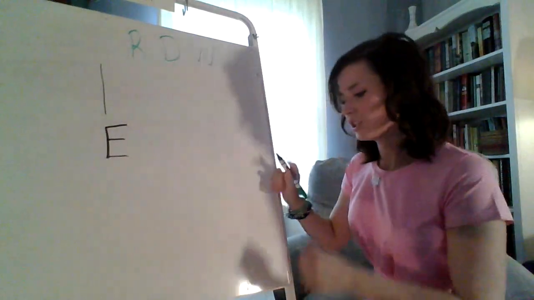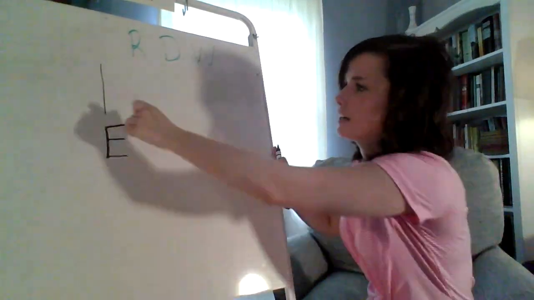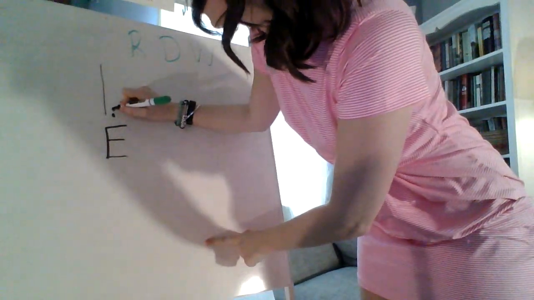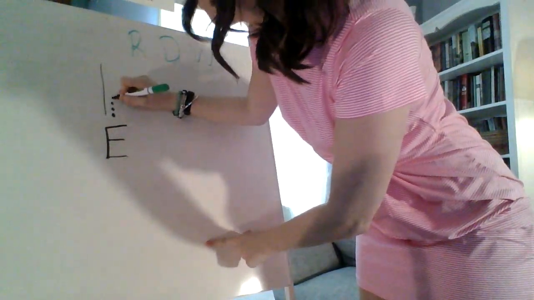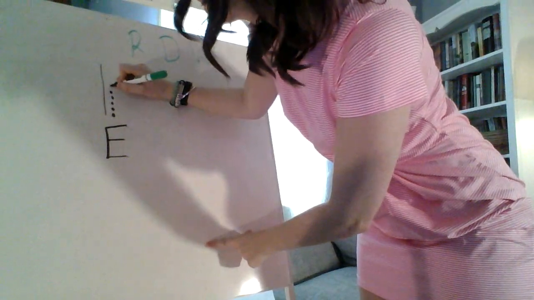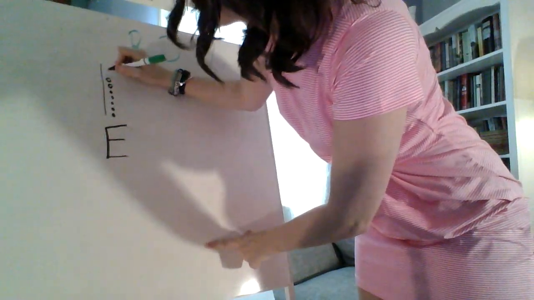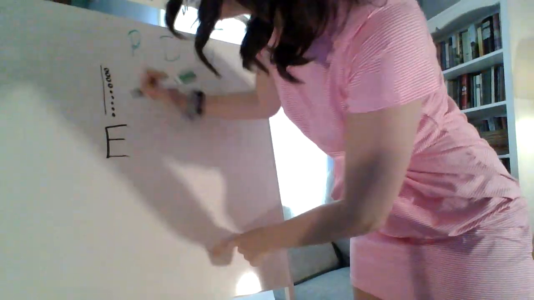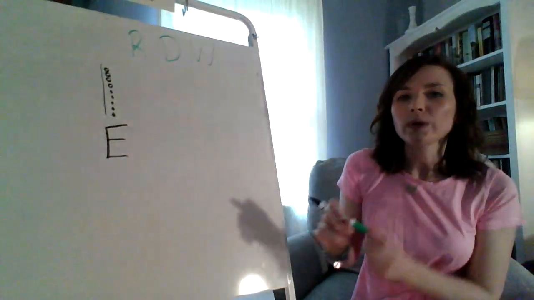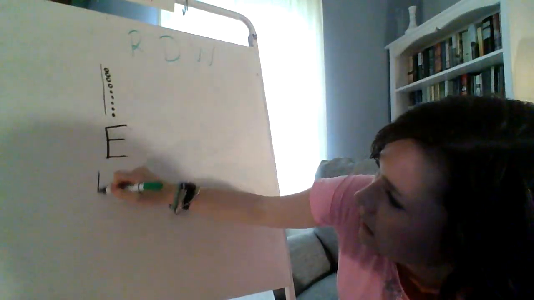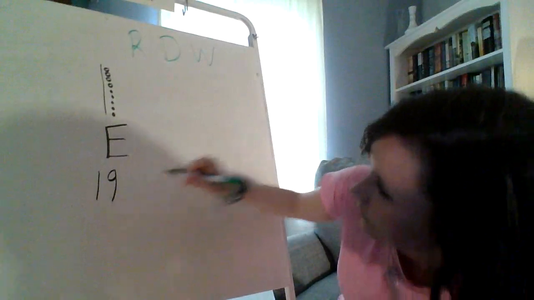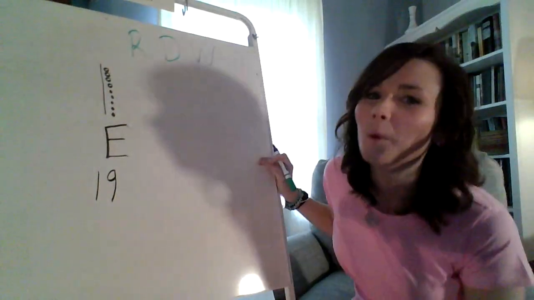Nice job. So she had 19, so we have 10, 11, 12, 13, 14, 15, 16, 17, 18, 19. Nice job. We know she has 19, and I'm going to label the 19 down there. All right, what about Mike?